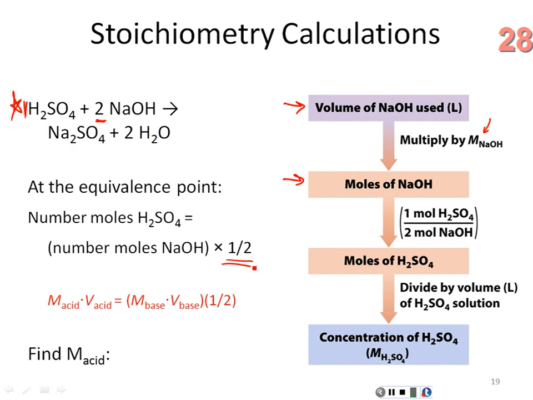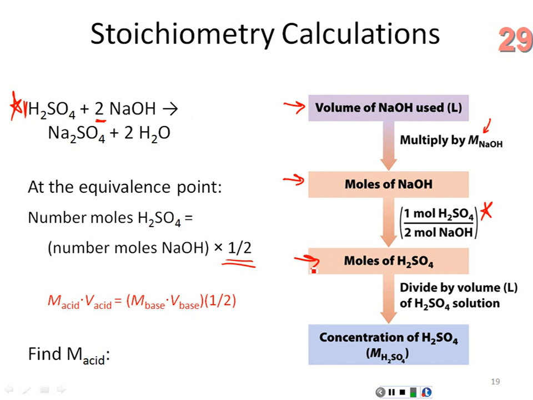But a lot of times what you'll have is like HCl and NaOH. Well, HCl has 1 hydrogen, and the mole ratio would be 1:1 then. So if you skip this step with HCl and NaOH, it doesn't matter. But for an acid like sulfuric acid, this is a crucial step. Okay, so after you multiply the moles of NaOH by the factor of 1/2, you get the moles of sulfuric acid.